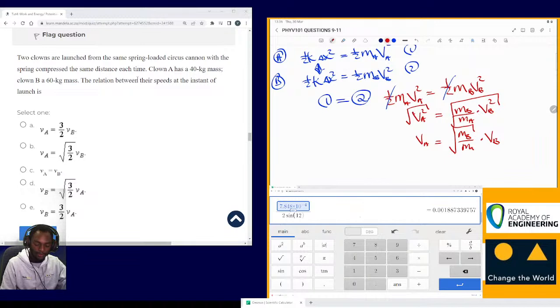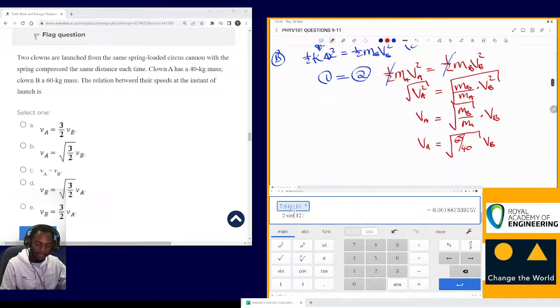Now we can substitute: vA is equal to the square root of the mass of B, we're told it's 60, over 40, vB. And if we simplify this, this should be the square root of 3 over 2 vB. All right. So that should be the relation between those two.